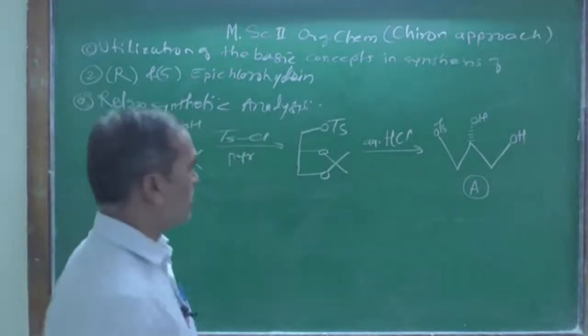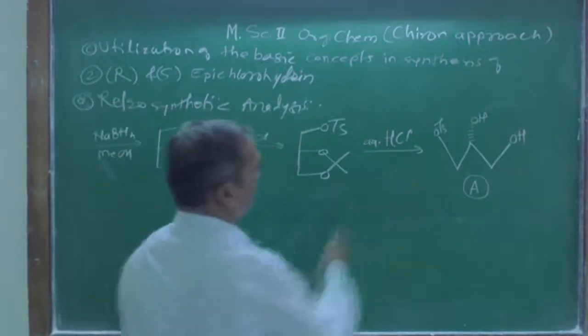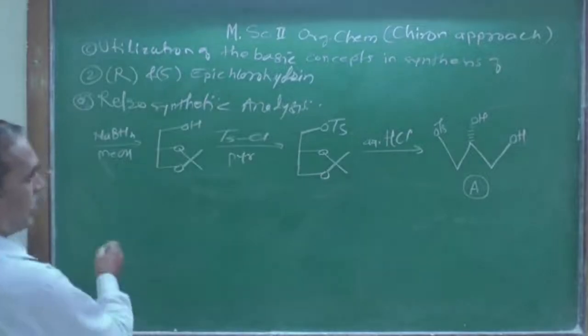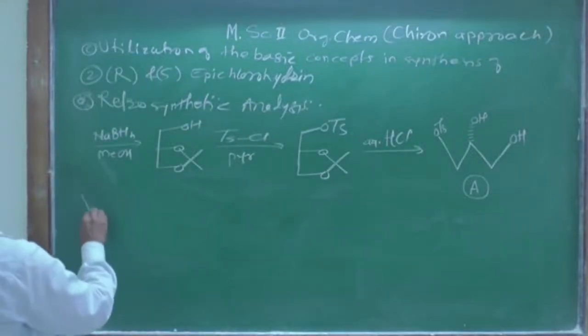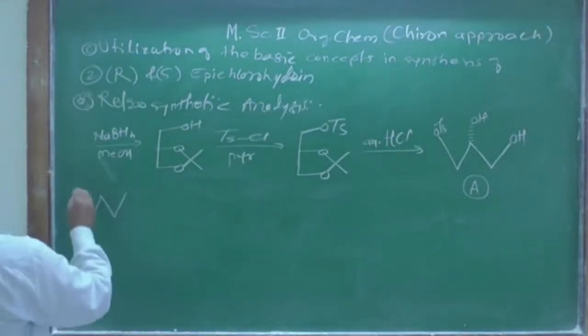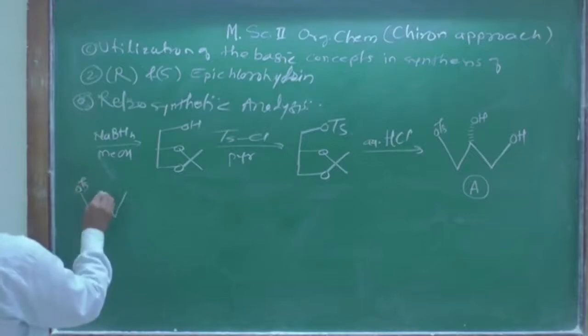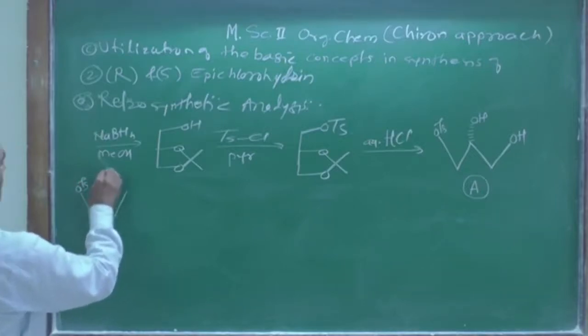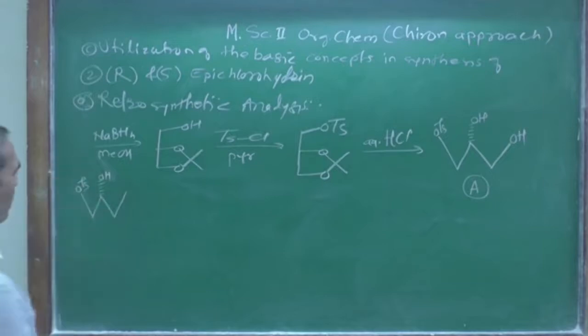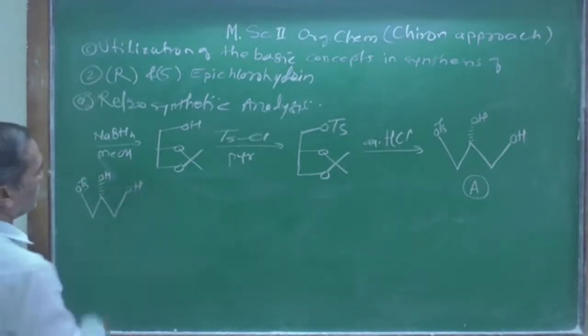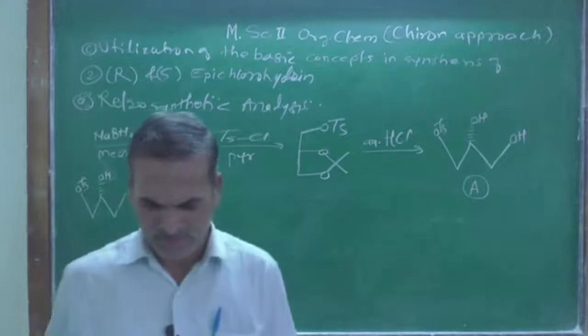Now let us see this compound A. I am again writing A, that is the type with OTs. Then in the middle, the hydroxy group is below the plane, and this OH is above the plane, right?